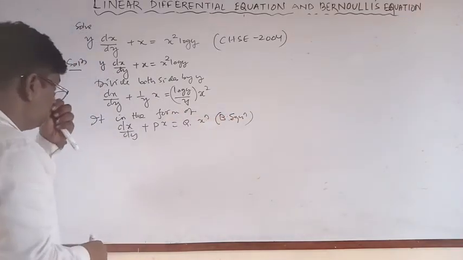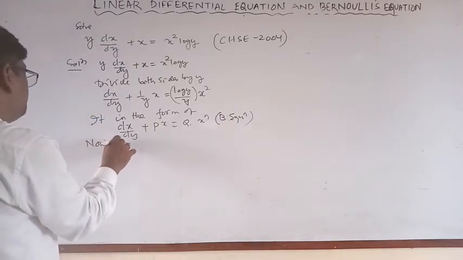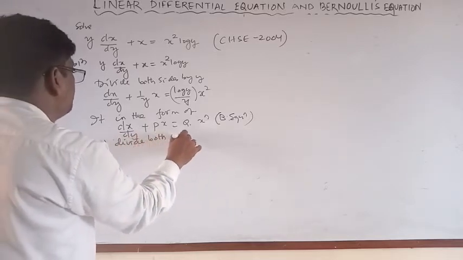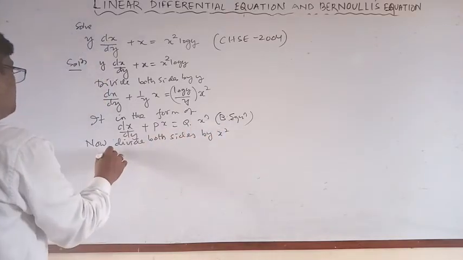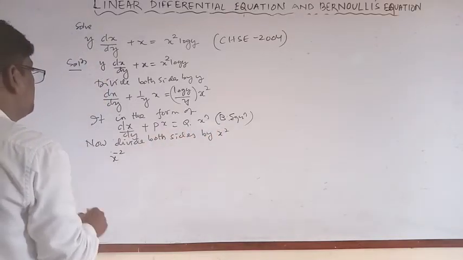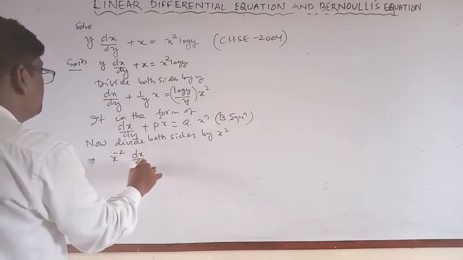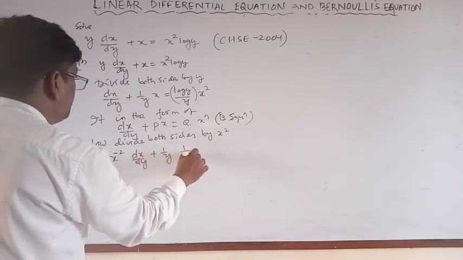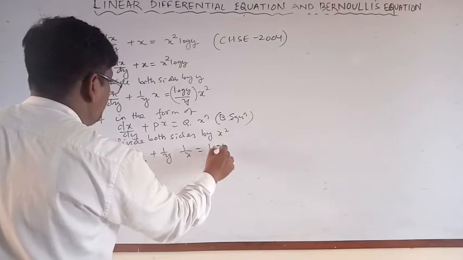Now divide both sides by x². So x^(-2) dx/dy + (1/y)(1/x) = log y / y.